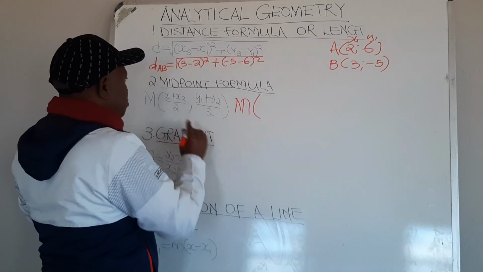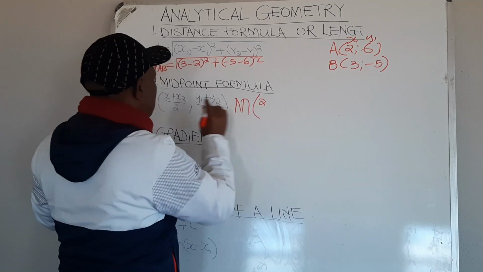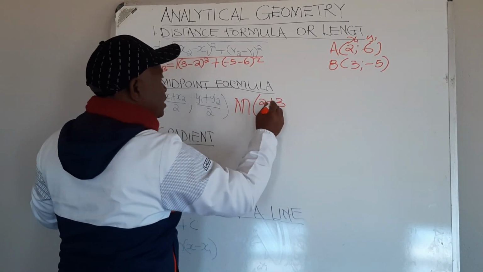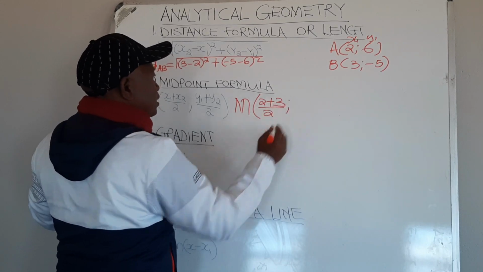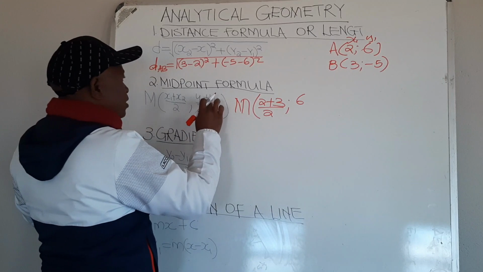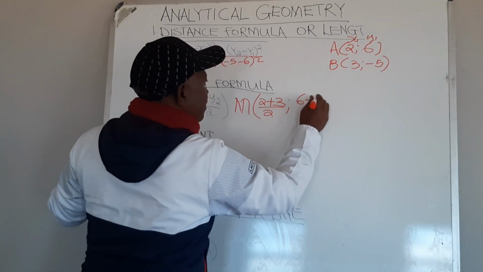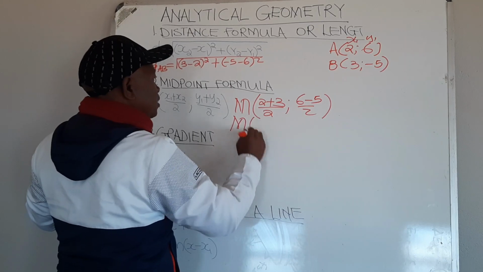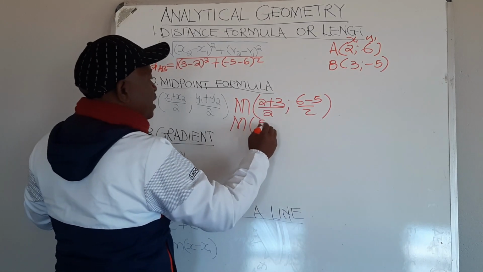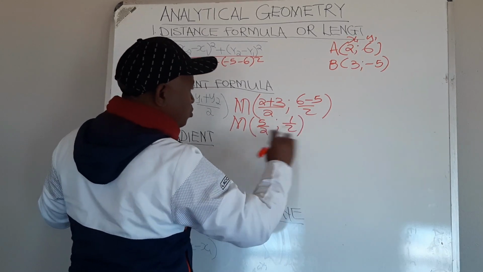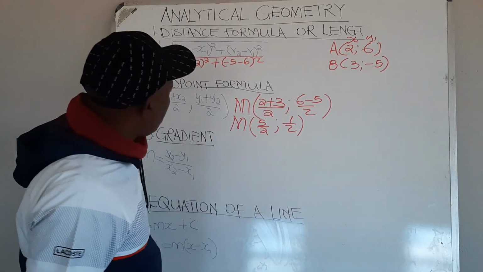M is my x1, which is 2, plus my x2, which is 3, all over 2, and my y1 is 6, then my y2 is -5, all over 2. So the midpoint will be 5 over 2, 1 over 2. So this is the coordinates of the midpoint.